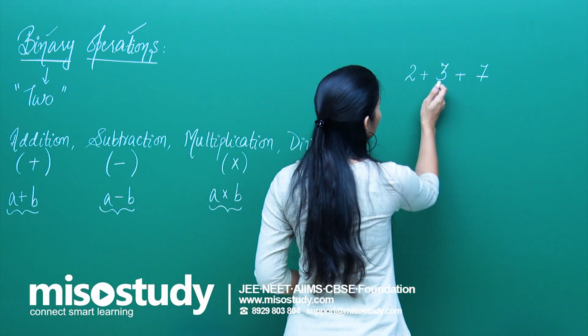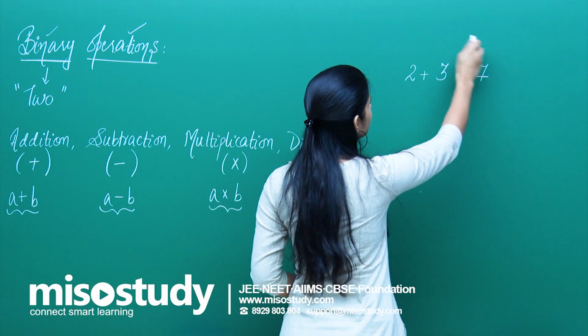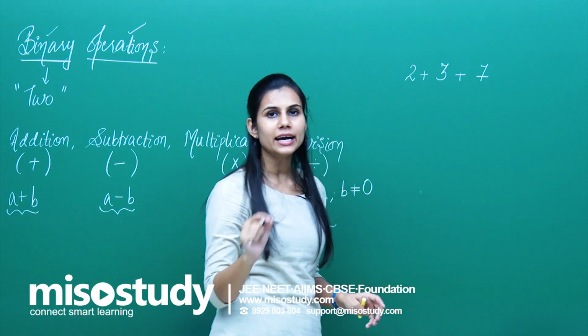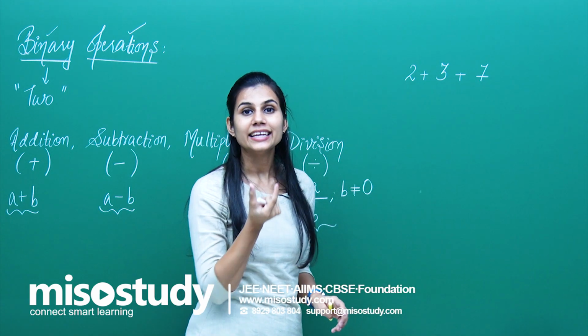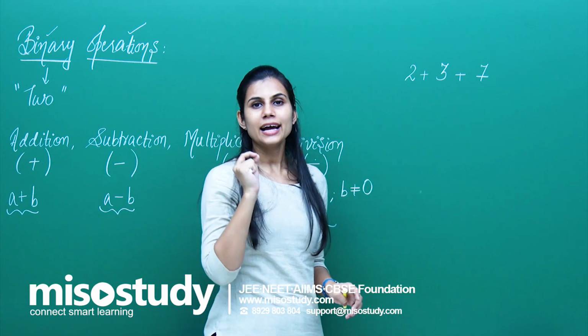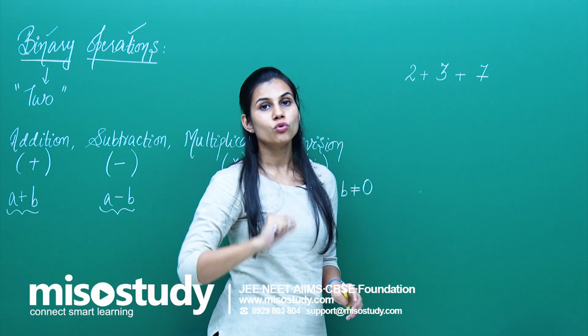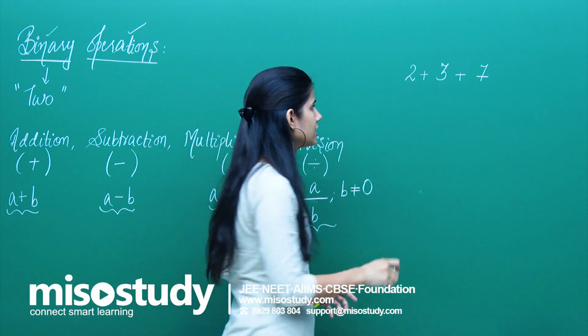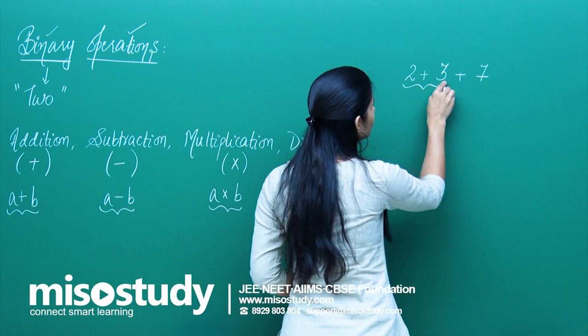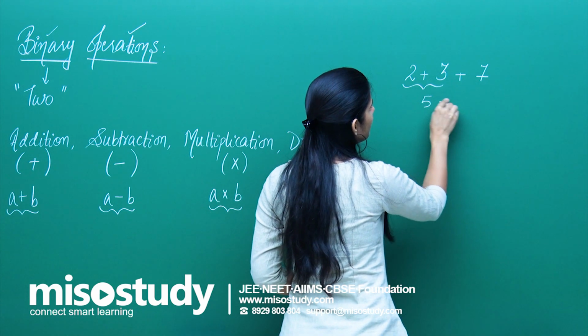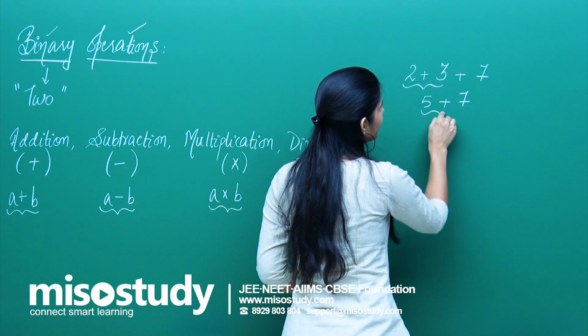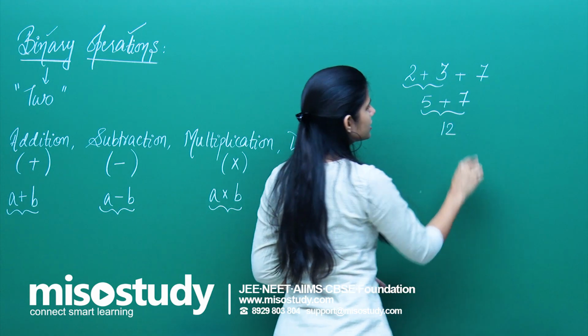Either these two you will add, or these two, or the first and third, but at one time you can only add any two. Addition at one time can be applied to only two objects. So suppose I add these two, I get 5 plus 7. Now I add these two.